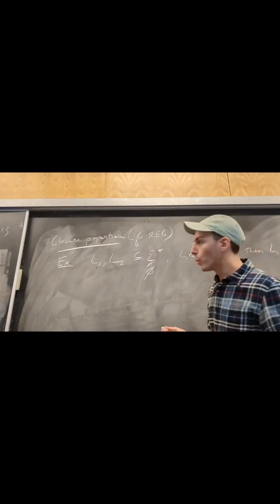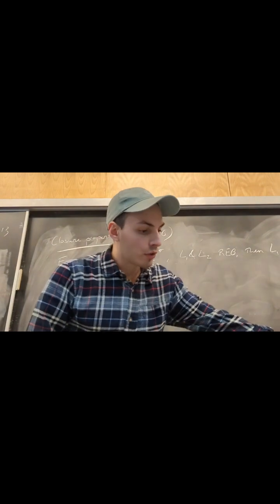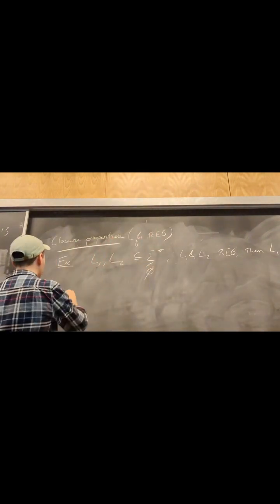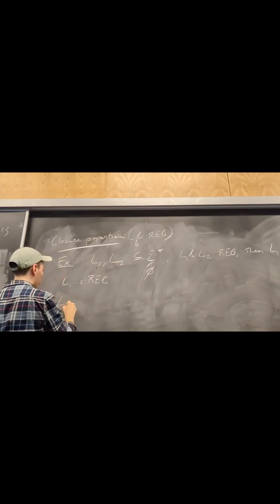So you need to show that for any arbitrary regular languages L1 and L2, you can build an FA, maybe a DFA, maybe an NFA with epsilon transitions, which accepts the union of the languages. So how do I do that? Well, I start with my assumptions. I know that L1 is regular, and I know that L2 is regular.